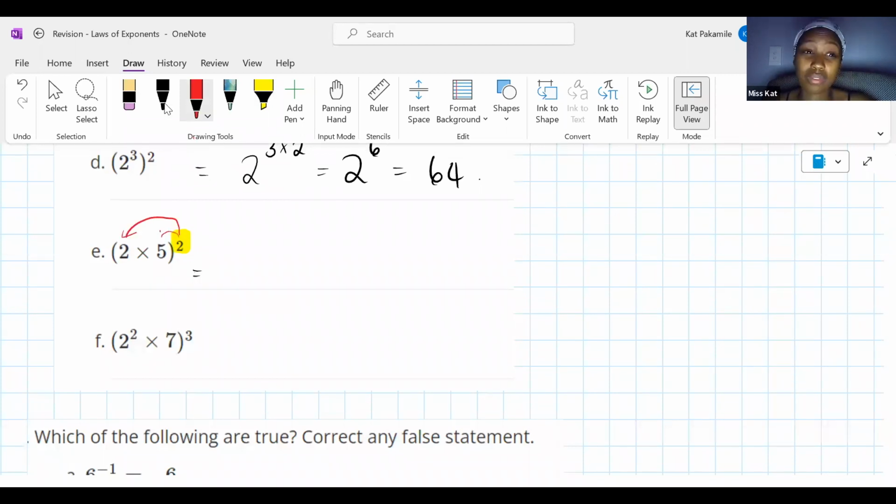Distributed. So distributed for me, then end up with, you're going to get the same answer, I know, but I asked for the laws. But tell me, when you distribute it, what's going to happen there? It's going to become 2 to the power of 2 times 5 to the power of 2. Thank you. How much is 2 to the power of 2?